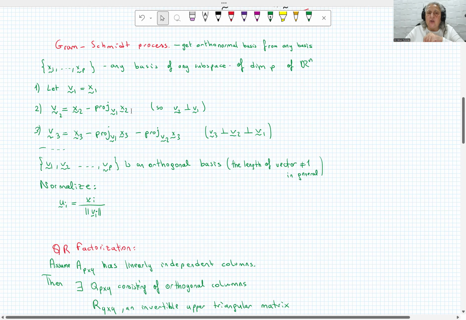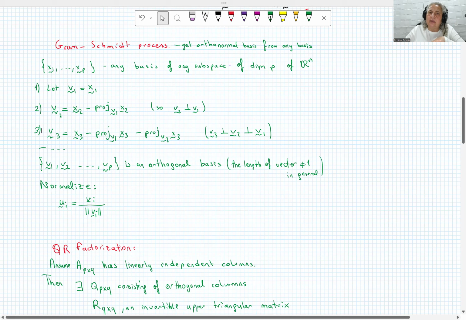With this definition, the vector we find will be perpendicular to v1. And v3 will be x3 minus the projection of x3 on v1 minus the projection of x3 on v2.